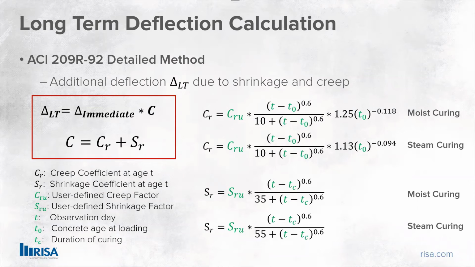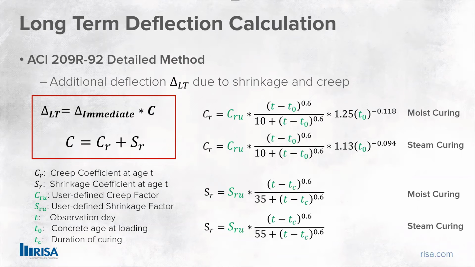So on the right-hand side, I show the equations of how to calculate your CR and SR factors. As you can see, we have 2 different expressions for the moist curing or the steam curing. So based on what type of curing method you select in the previous dialogue I showed, the program will use different equations to calculate the CR and SR factors.